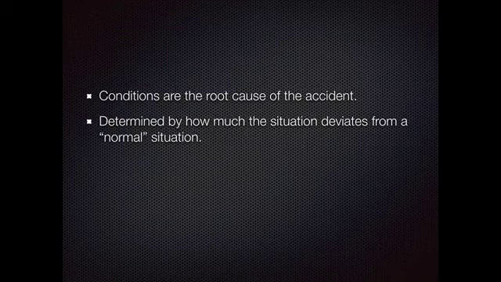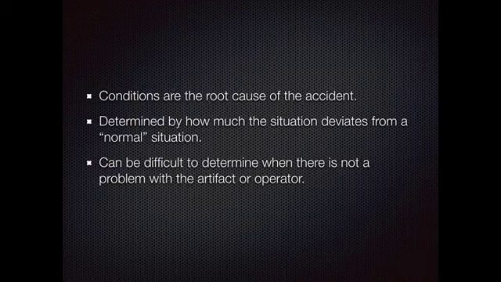Normal for you and I when we're talking about an airline flight, as we'll see in the later chapters, is different than what's normal for the pilot. An accident is something that's going to deviate from a normal situation, and sometimes it's difficult to tell what that normal situation is. So in cases where conditions play a role, it can often be difficult to determine whether it was the artifact that had a problem or whether it was the operator.